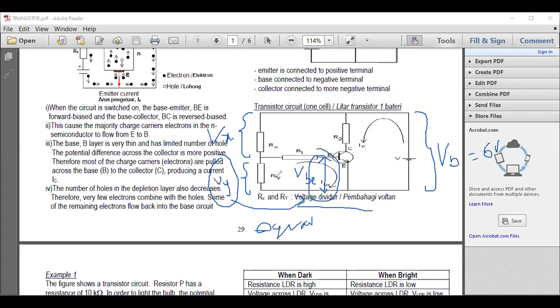If the Vy is 5 volt, base emitter also will be 5 volt. That means when the voltage across Y is high, the voltage across base emitter also will be high.